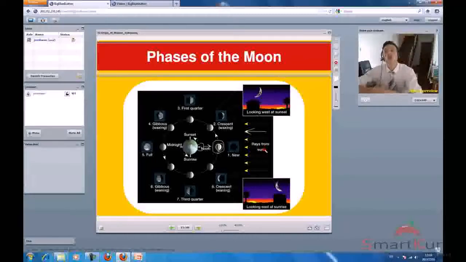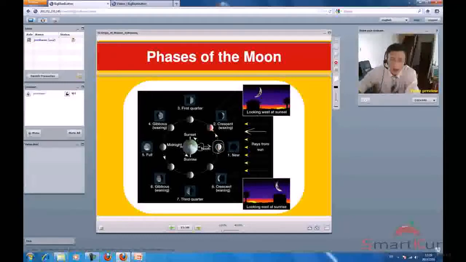Notice, because the light is coming from this direction, the moon has a light side and a dark side. Here, in number 1, a person standing on the Earth can only see the dark side of the moon.